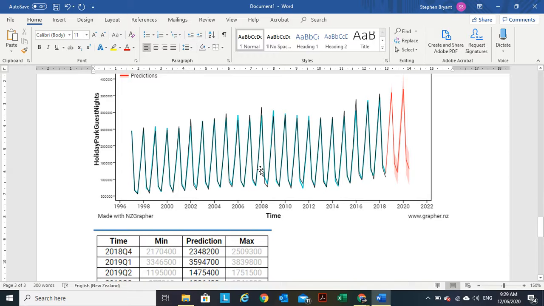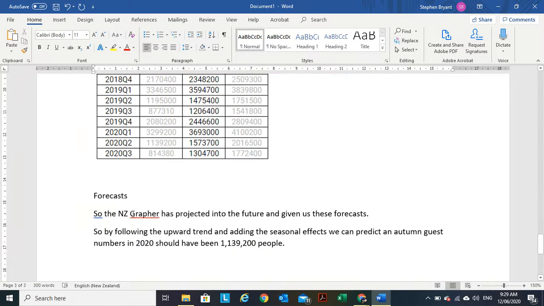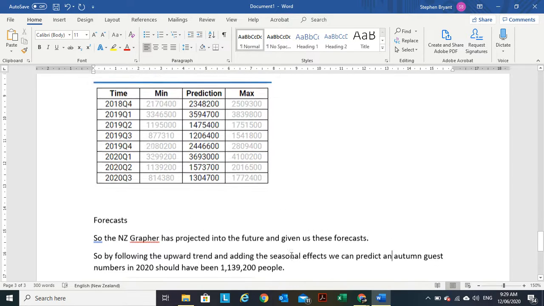Okay, so there is a forecast. I've got the model from NZ Grapher, I've got the table from NZ Grapher, but I do have to write a summary sentence to tell me what's going on. So we've projected into the future, we've followed the upward trend, we've added the seasonal effects, and we can predict the guess numbers would be there.